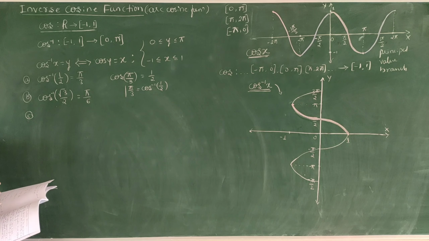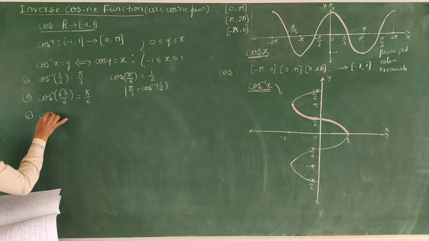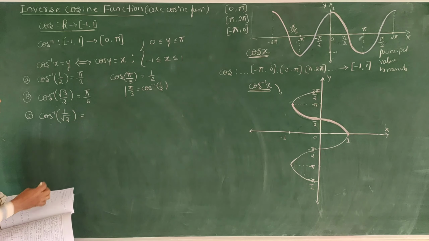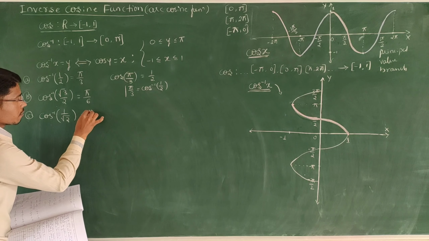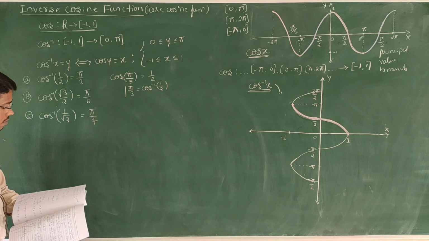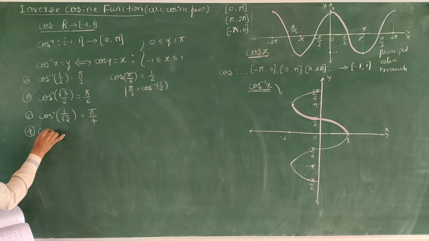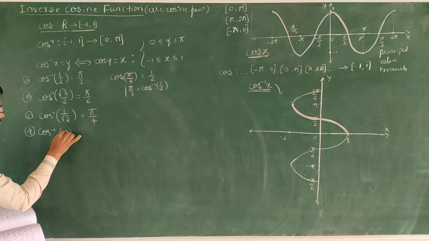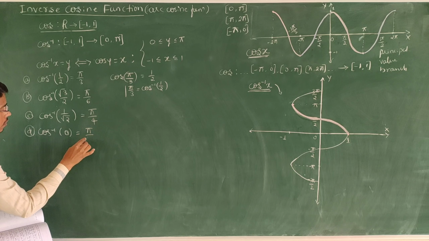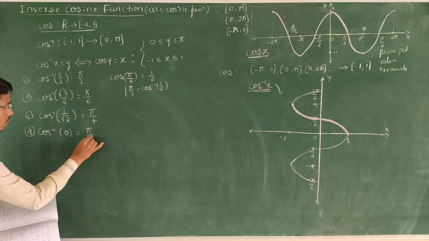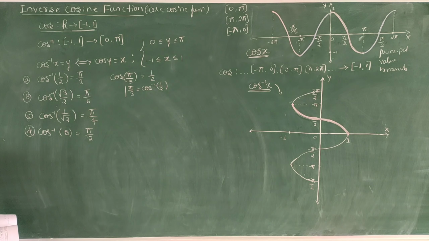c: cos inverse of 1 divided by root 2. This is equal to pi divided by 4. d: cos inverse of 0. Cos is 0 when the angle is pi divided by 2.